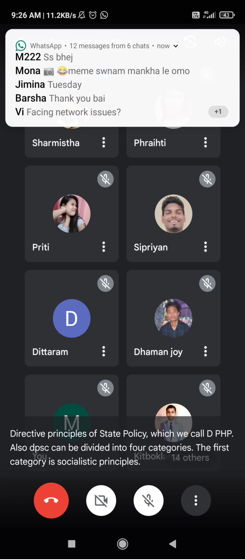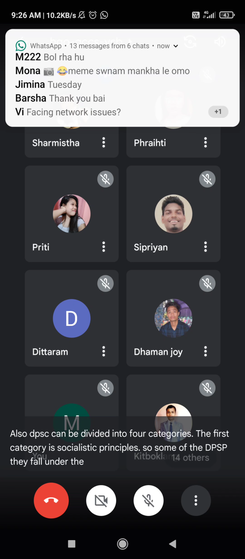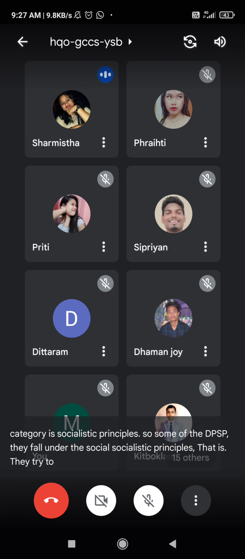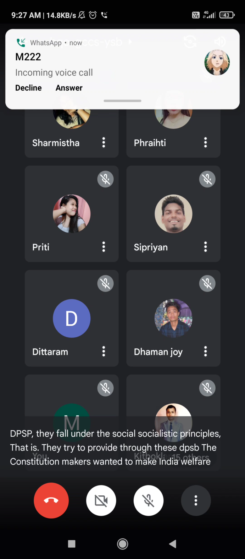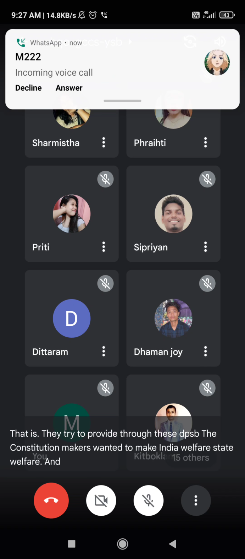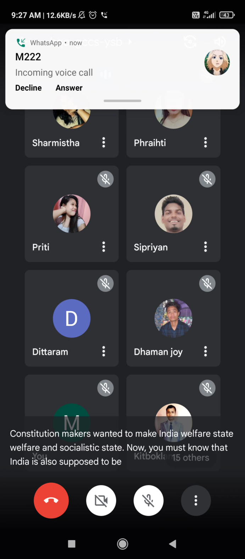Some of the DPSP fall under the socialistic principles. Through these DPSP, the constitution makers wanted to make India a welfare and socialistic state. Now, you must know that India is also supposed to be a socialist state.